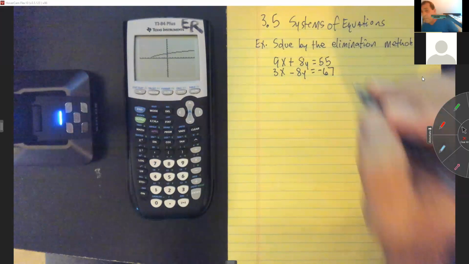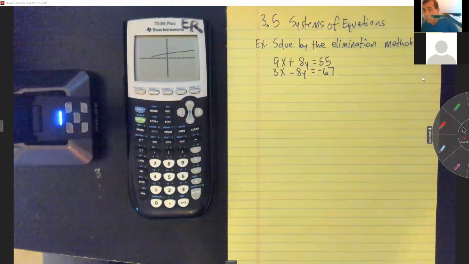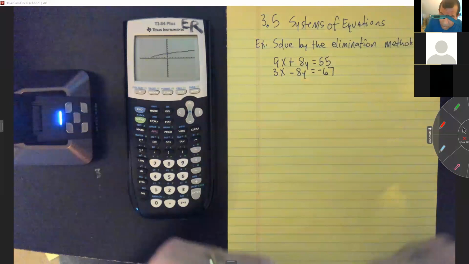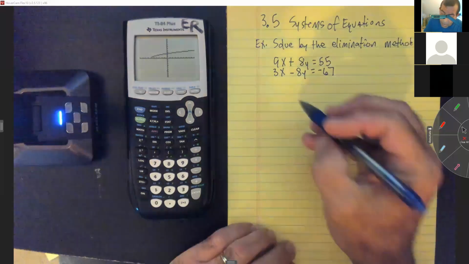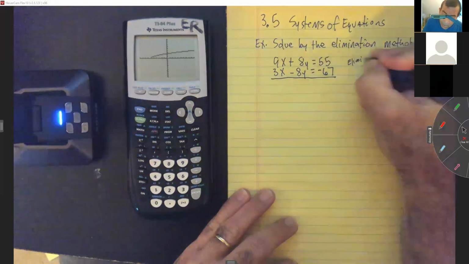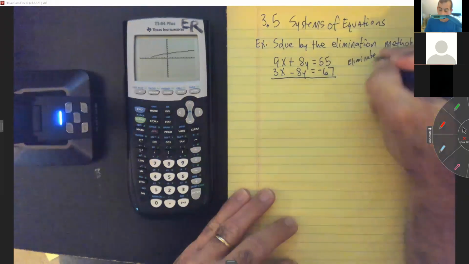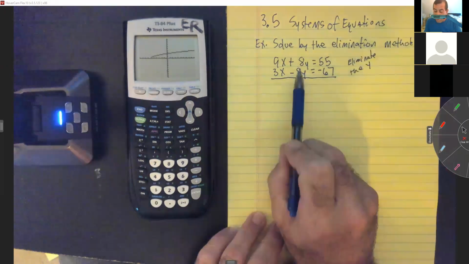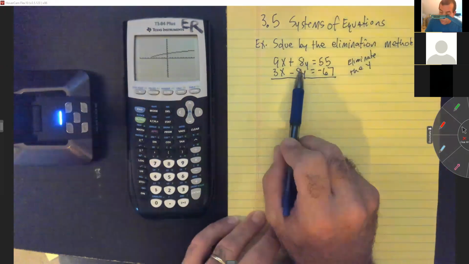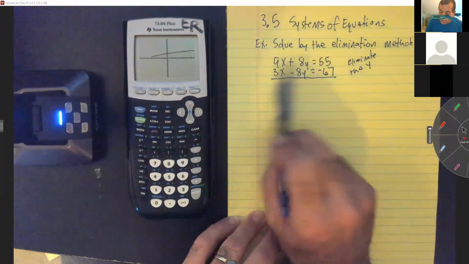To solve by the elimination method, they want us to add these together and be able to get rid of one of my variables. Well, right off the bat, you notice I'm going to eliminate the y because I got an 8y and a negative 8y. If I add those together, those will cancel. So let's add these together and see what we get.